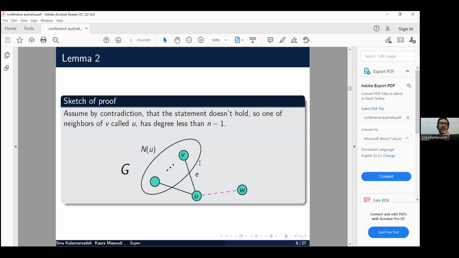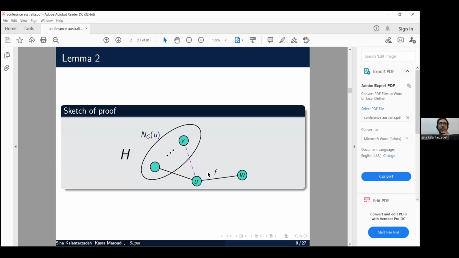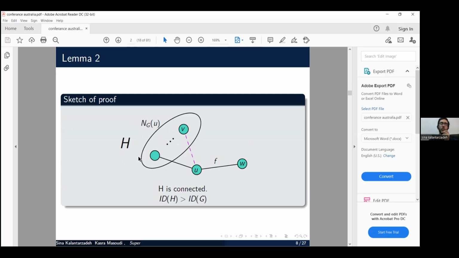Again, we delete E and add edge F to obtain the new graph H, which again, we can see is connected. We can apply our previous lemma, which states that there exists a vertex of degree n minus 1 in G, and it is unchanged in H, so we can see that H is connected.